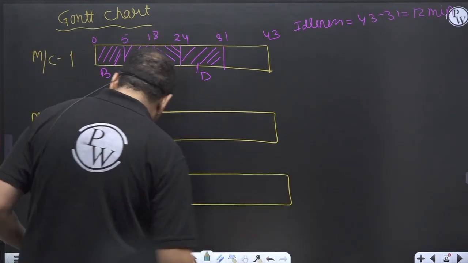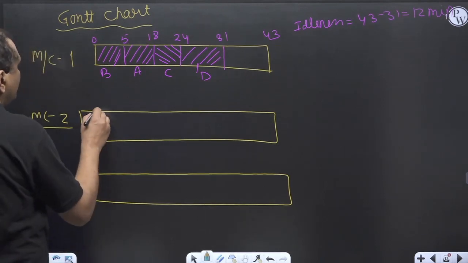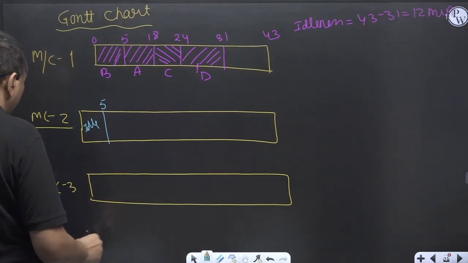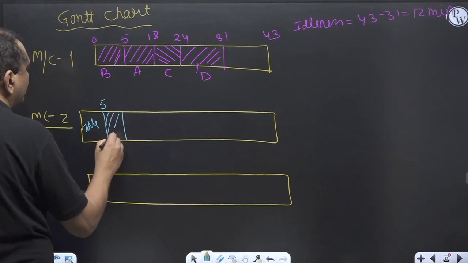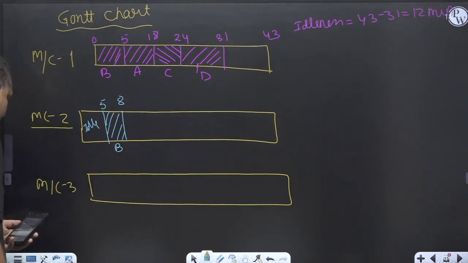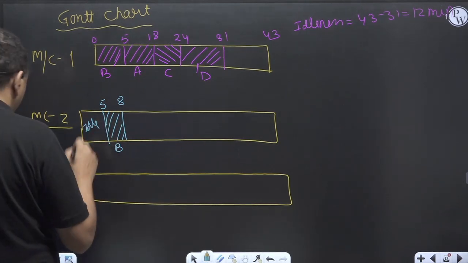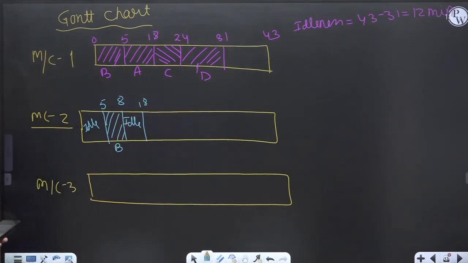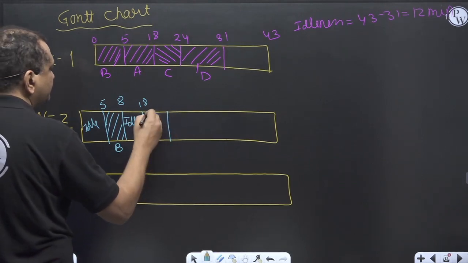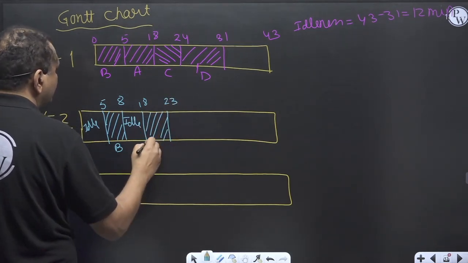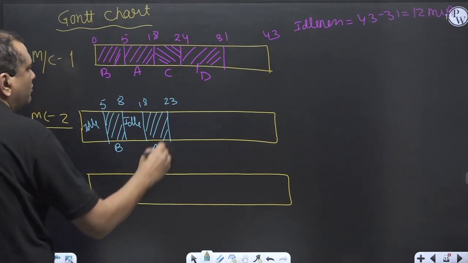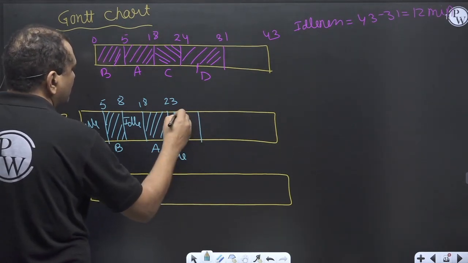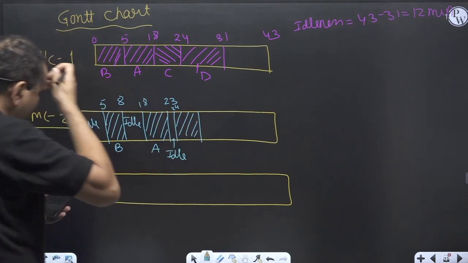Now see machine 2, 0 to 5 minutes it is idle. 5 to 8, B is being worked. 8 to 18, again it's idle. 18 to 23, A. 23 to 24, again it's idleness. And 24 to 28, see, again 3 minutes idleness.